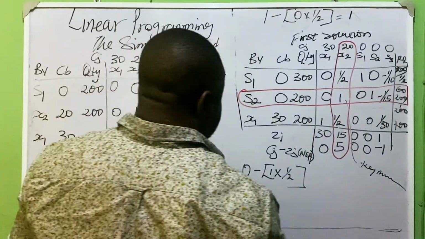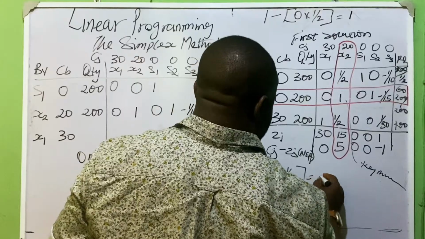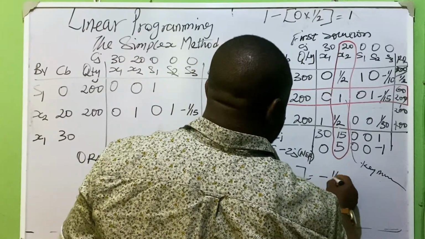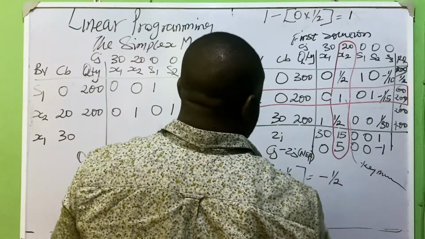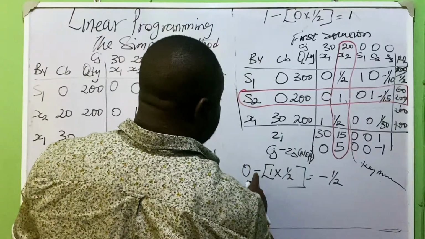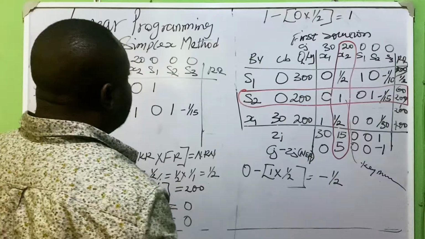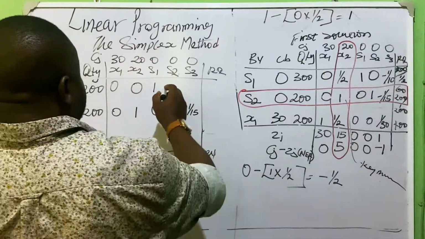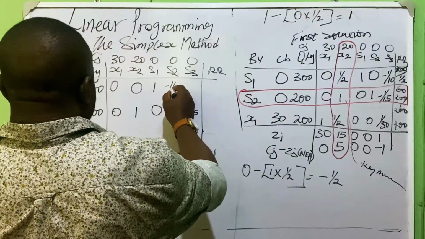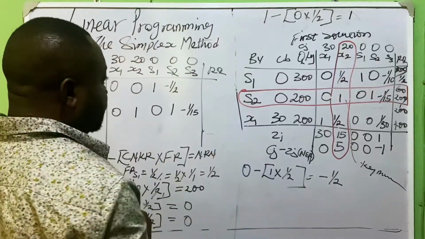So I'm going to have this equal to minus 1 over 2, because the product of this is 1 over 2. If negative opposite, we have minus 1 over 2. So we have here to be minus 1 over 2.